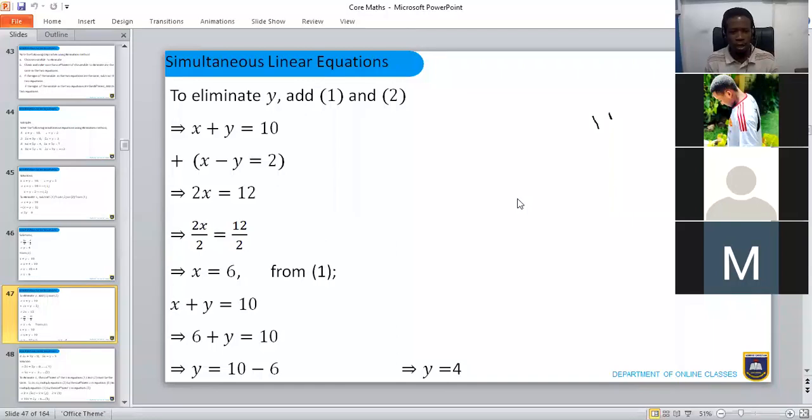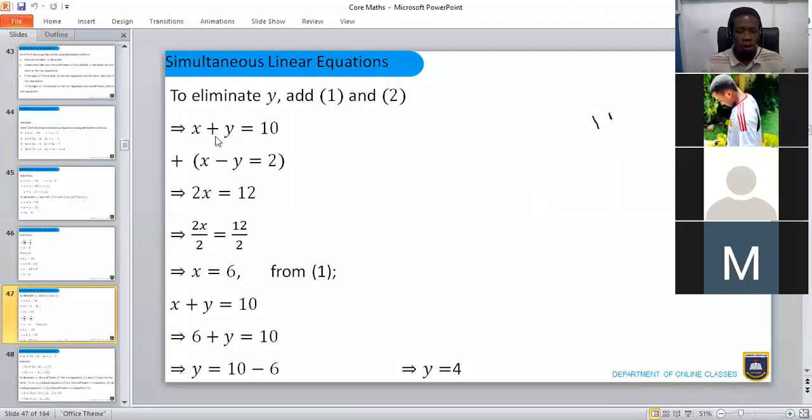So we have the coefficient of y to be 1, but the signs of the coefficients are not the same. That's positive or a negative one. So in this case, we add equation 1 to equation 2. That is when we are eliminating y.